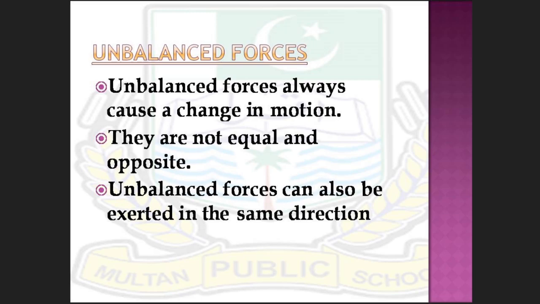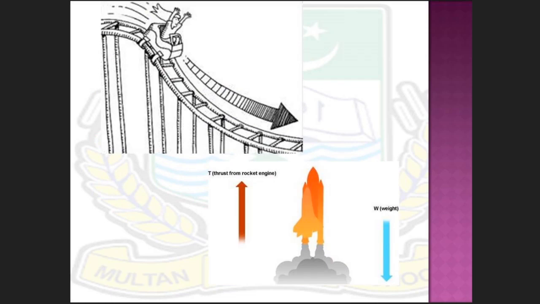Unbalanced forces. Unbalanced forces always cause a change in motion. They are not equal and opposite. And unbalanced forces can also be exerted in the same direction. Now these are the examples of unbalanced forces.